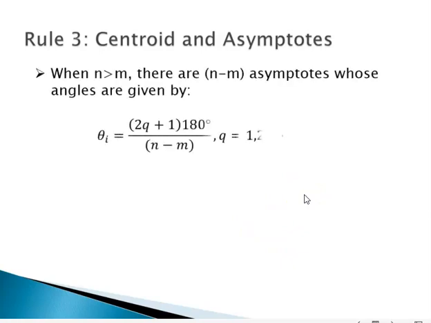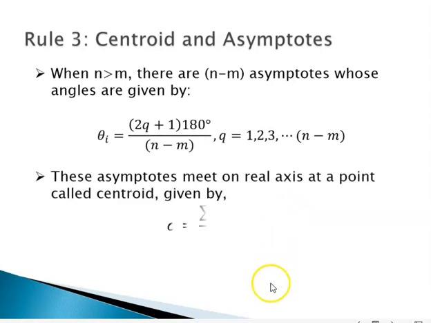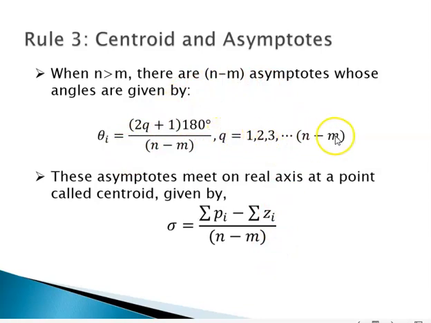Those are the things that we are going to show on this. The point where the asymptotes intersect is given by sigma, the sum of poles minus the sum of zeros divided by n minus m, and the angles are given by this. You vary q from 0 to n minus m minus 1 and substitute here, and you get the angles. We'll see this with an example and it will become clear.